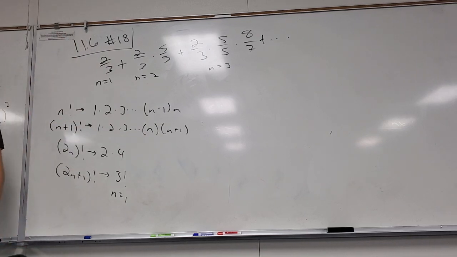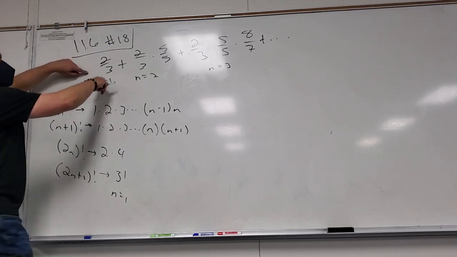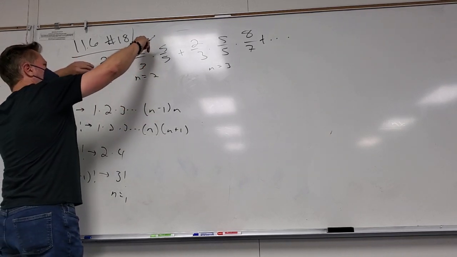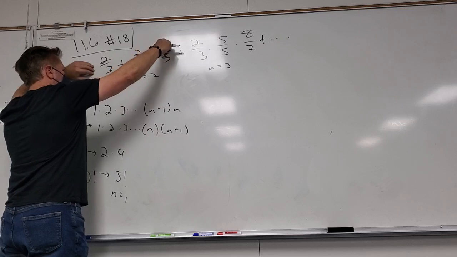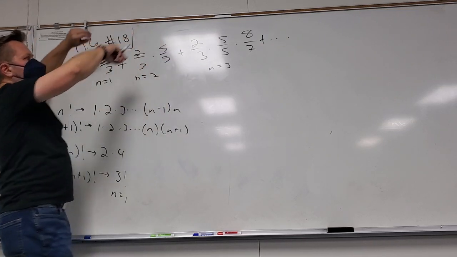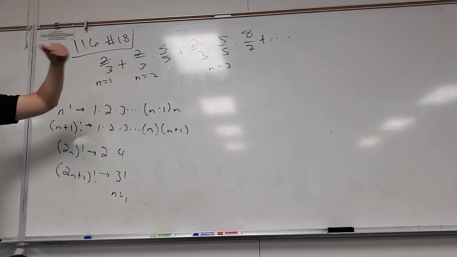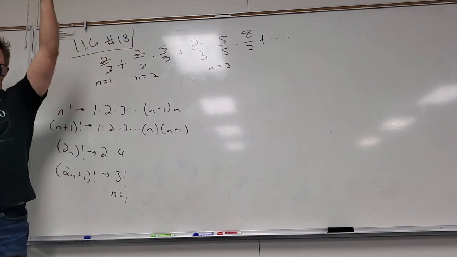It just kind of looks like a factorial, right? For n equals 1, it's 2/3. For n equals 2, it's 2/3 times 5/5. And for n equals 3, somehow it keeps multiplying by the next thing up. And the next thing up is up 3 on the top, up 2 on the bottom.